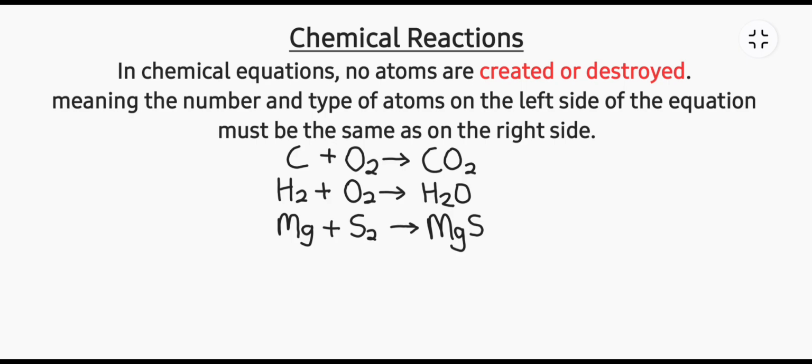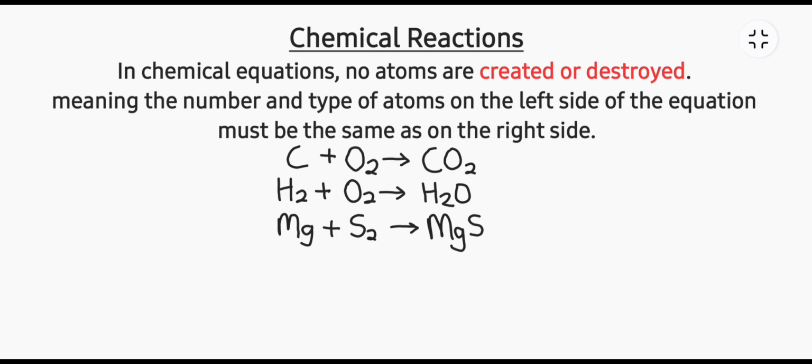What is needed from me is to identify the atoms on the left and the atoms on the right. First one on the left is carbon and oxygen, C1 and O2. On the right is carbon and oxygen, C1 and O2. And we agreed that this one is balanced.